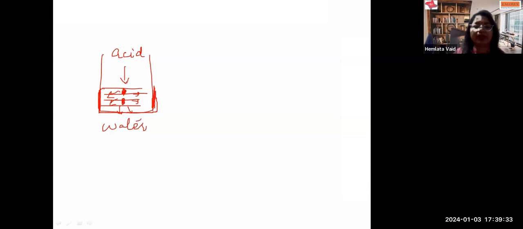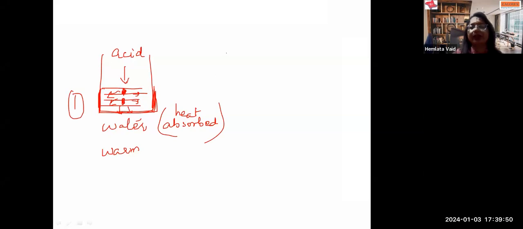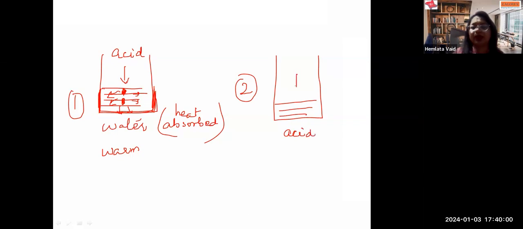Please note my words. I am saying the beaker will become warm because most of the heat is absorbed by water. Right? This is situation one. Let us see another situation. This is situation two. This time you have taken the beaker and you took acid into it and you are adding water.